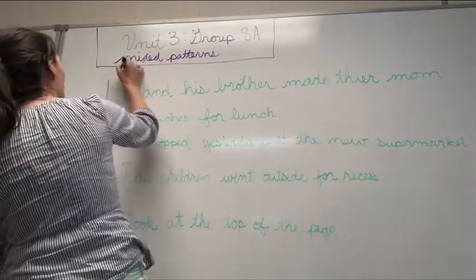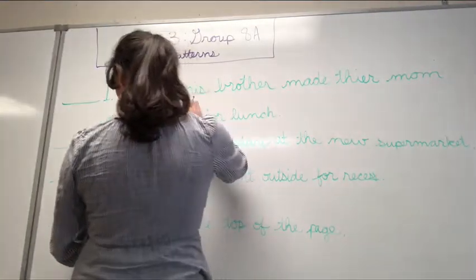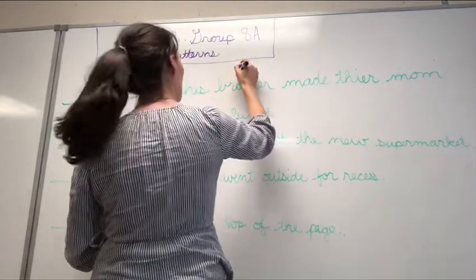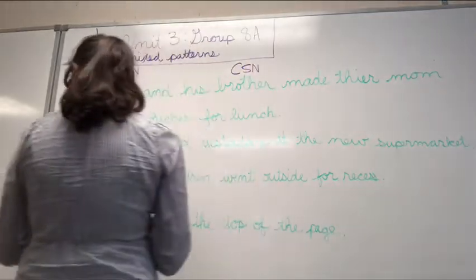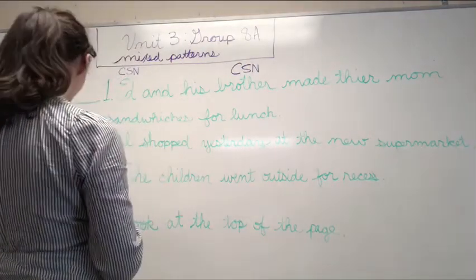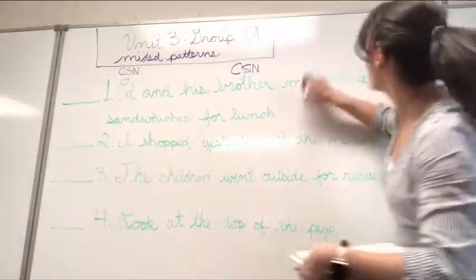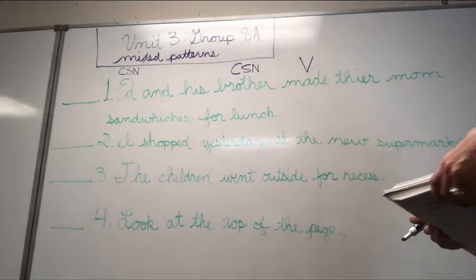So we have conjunction subject noun, Ed and his brother. What is being said about Ed and brother? Ed and brother made, verb. Ed and brother made what?